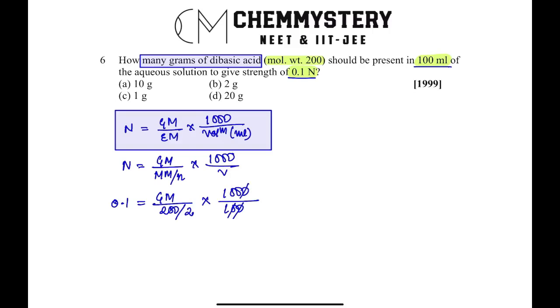If we cancel out, we get 10. So my given mass will be equal to 0.1 into 10, that is 1 gram. So 1 gram should be the mass of the dibasic acid that we need to add to the solvent in order to make the solution 100 ml and strength of the solution 0.1 normal. So my option will be C, 1 gram.